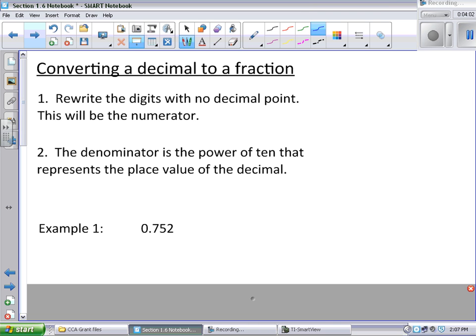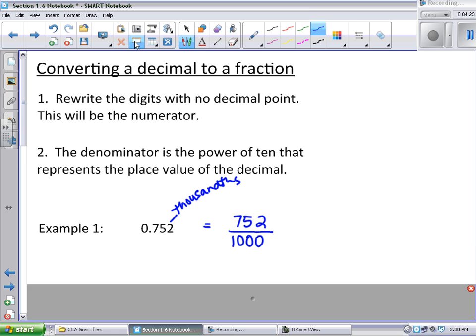So step 1, we're going to write this as 752, the number with no decimal point. That's our numerator, so we need our fraction bar, and the denominator tells us the place value of our decimal. Well, again, we had tenths, hundredths. This is the thousandths decimal place, so we're going to make our denominator 1,000.